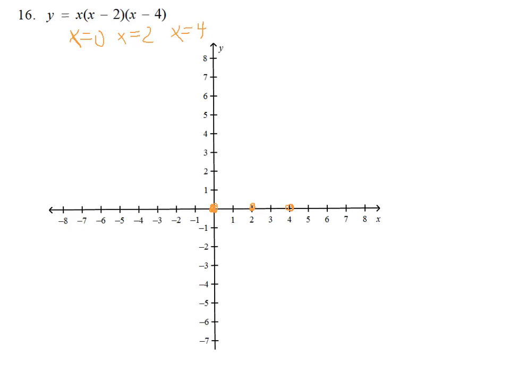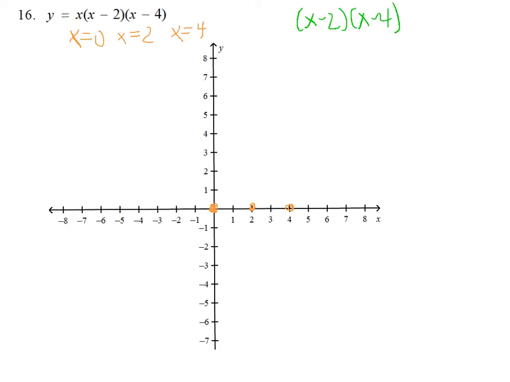And then I need to go back and I need to figure out my end behavior. Now, the problem is I don't know my lead coefficient or my degree because it's already in factored form. So we have to work backwards. We are going to take our x minus 2 and our x minus 4, and we are going to double distribute.